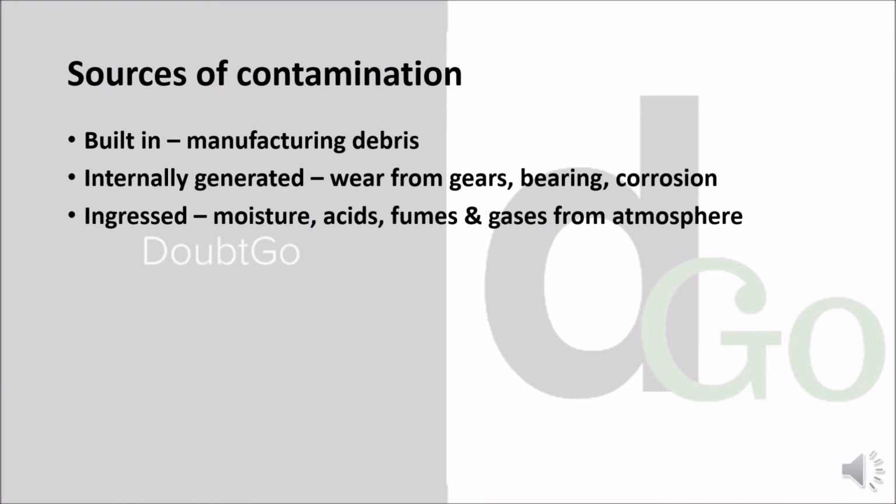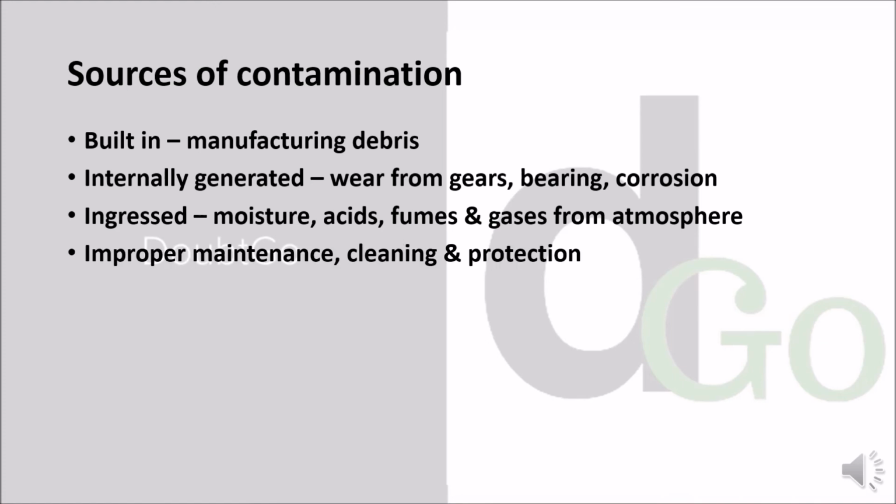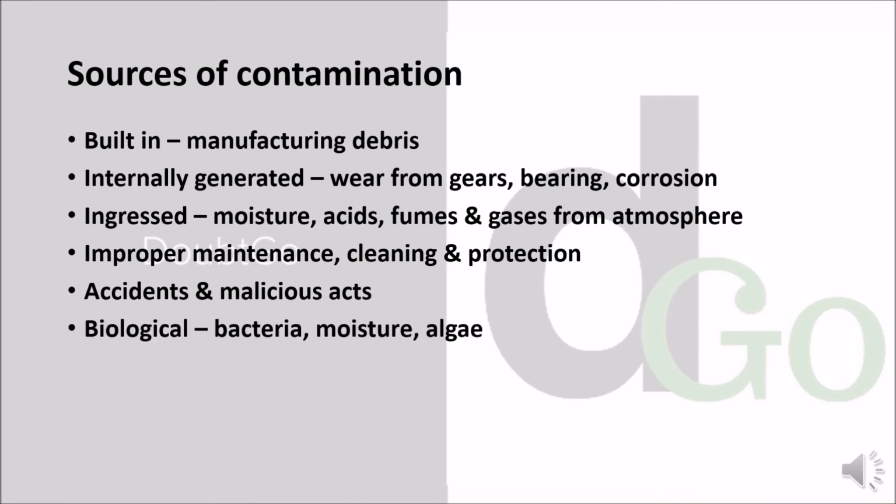Ingressed contamination includes moisture, acids and different kinds of fumes and gases from the atmosphere. Improper maintenance, cleaning and protection also add to the contamination. Contamination may occur due to accidents or malicious acts. Biological contamination is due to bacteria, microbes, algae, fungi and other microorganisms that may have developed in the fluid.